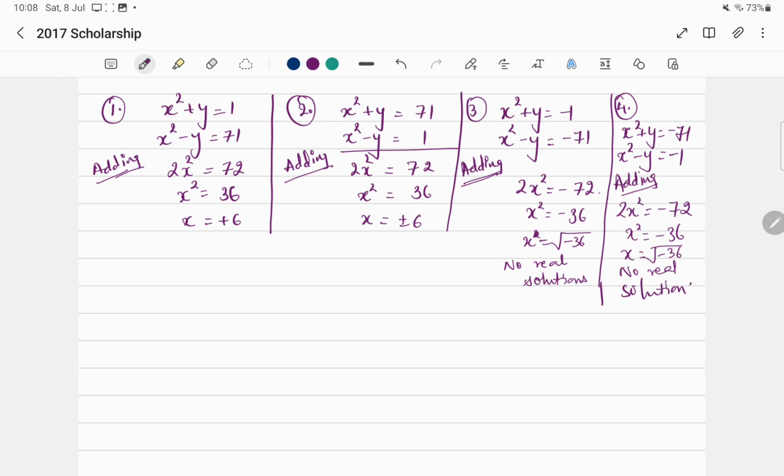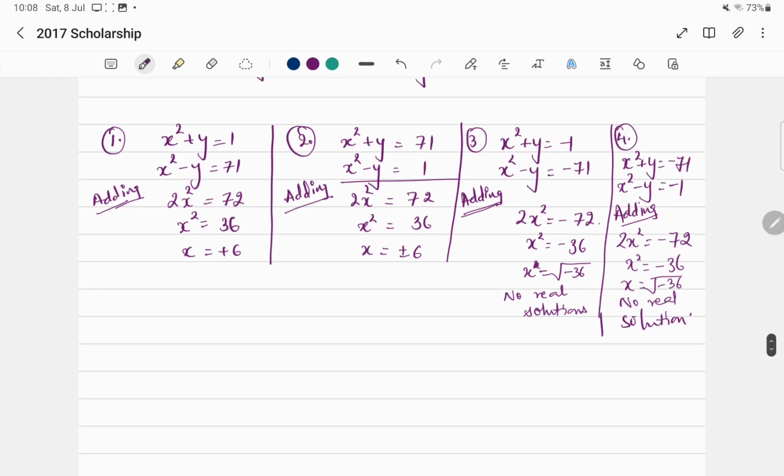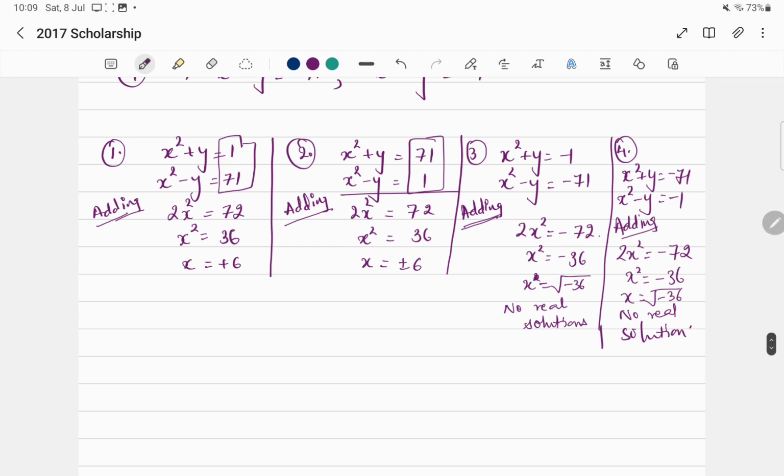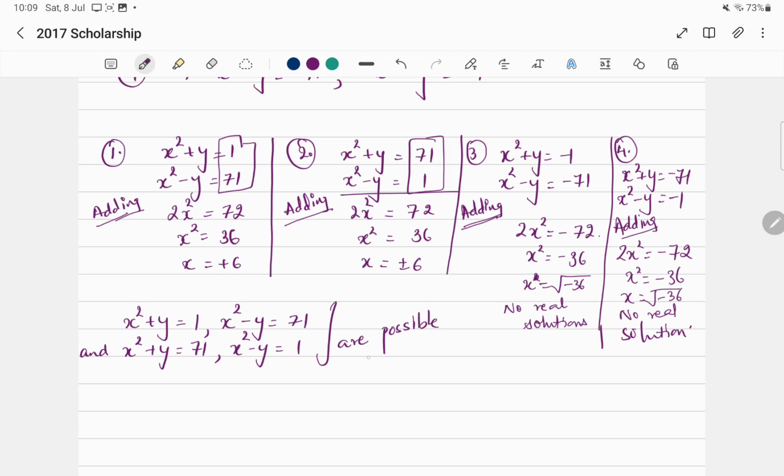So this gives us an indication that 1 and 71, or 71 and 1, are the possible pairs that can be used. So x squared plus y equals 1 with x squared minus y equals 71, and x squared plus y equals 71 with x squared minus y equals 1 are the possible pairs.